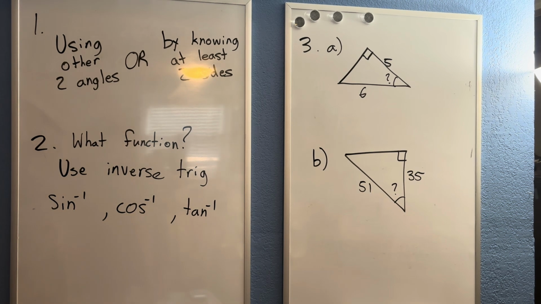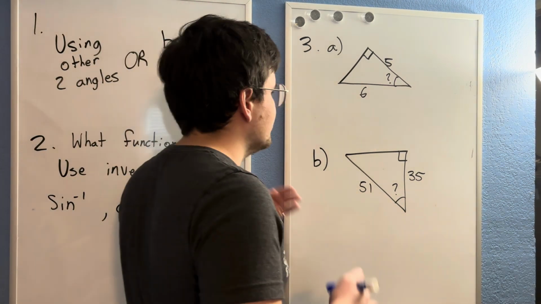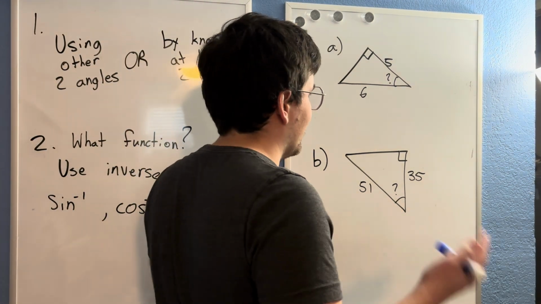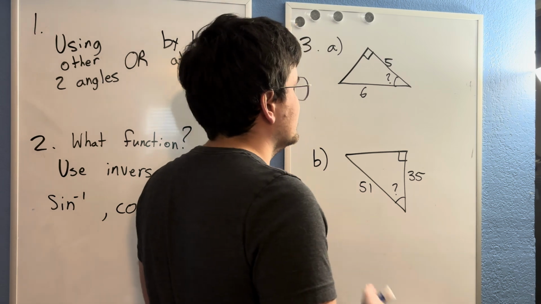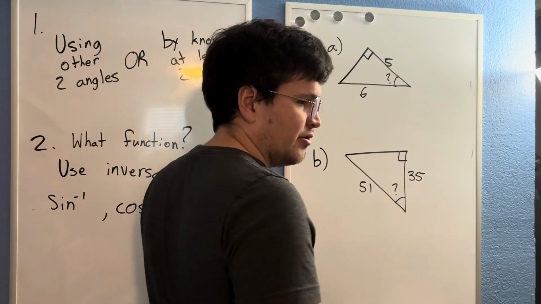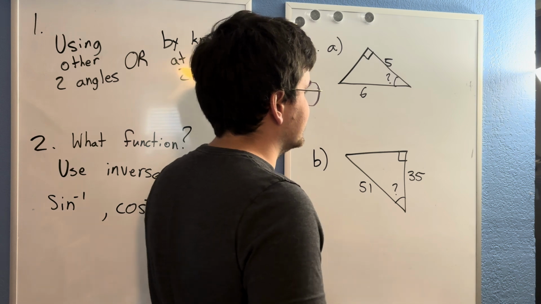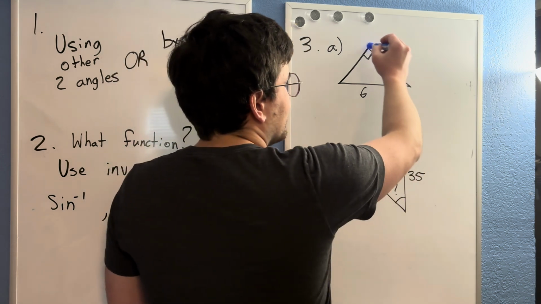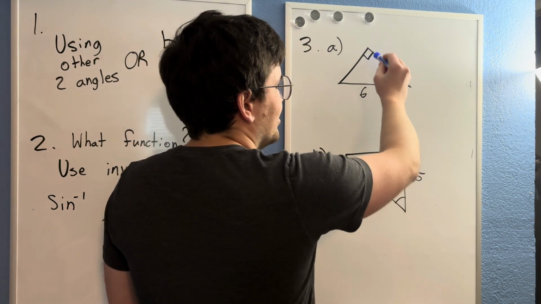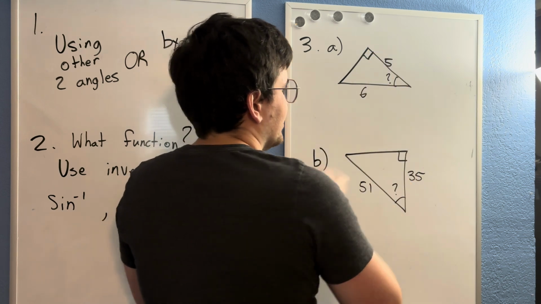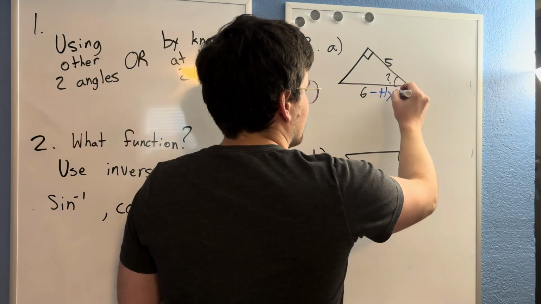So first thing I do, name my sides. Again, you might be able to recognize these pretty quick without actually going through the process of naming them. That's okay. I'm going to go ahead and do it here, give you some good steps to follow. First I name this side down here. I'm across from this right angle, so that is my hypotenuse.